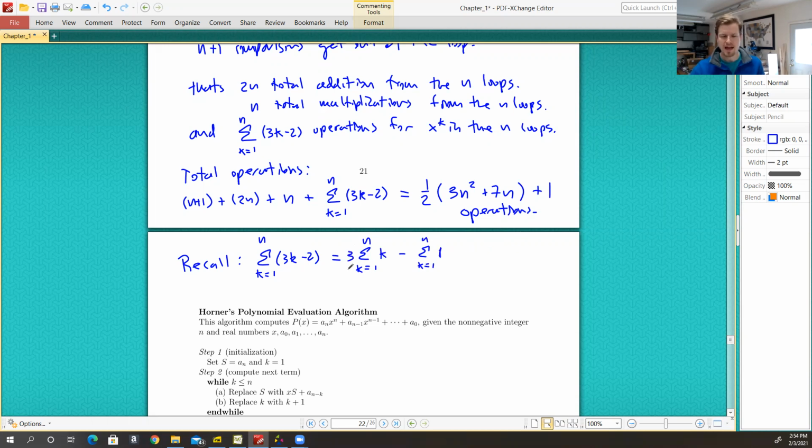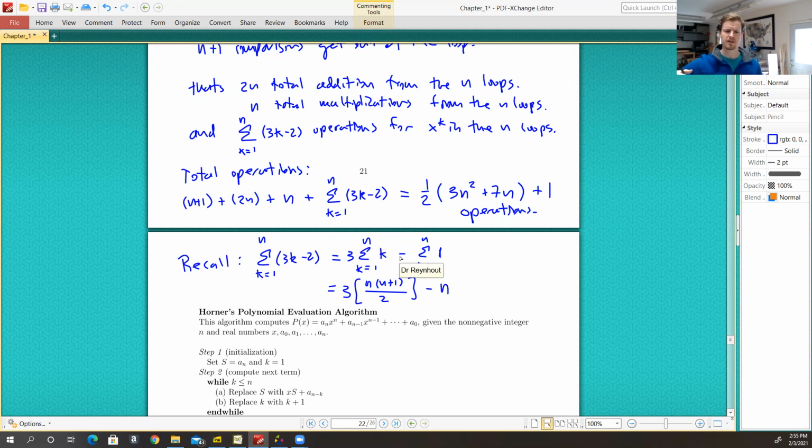This is 3 times n times n plus 1 divided by 2 minus n. So this thing right here simplifies to n times n plus 1 over 2. And that's something that you should be able to recall from Calculus 1.